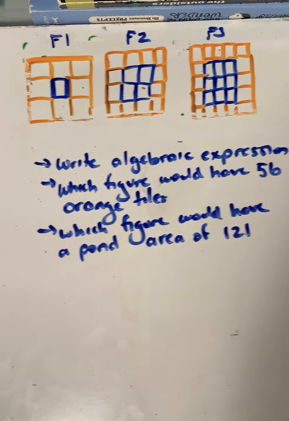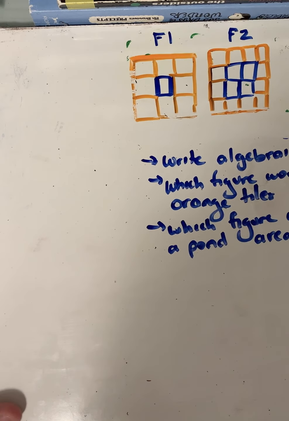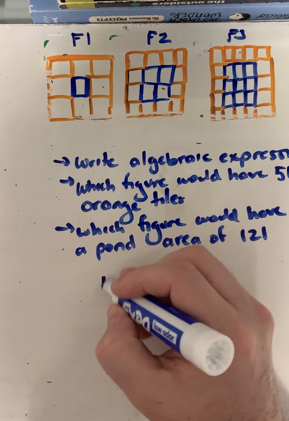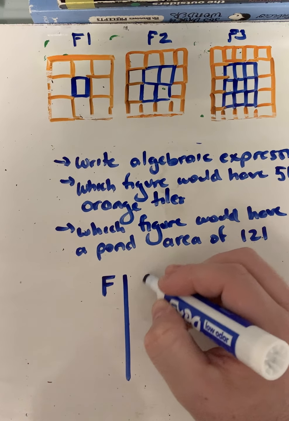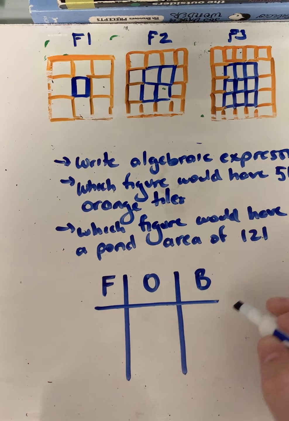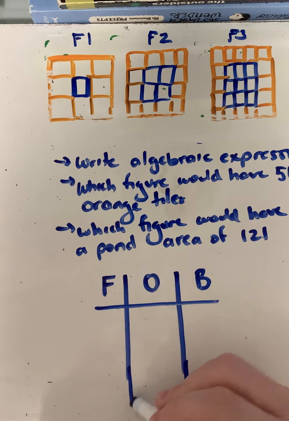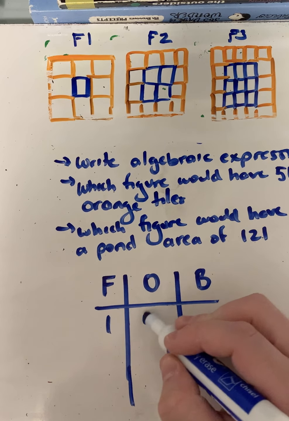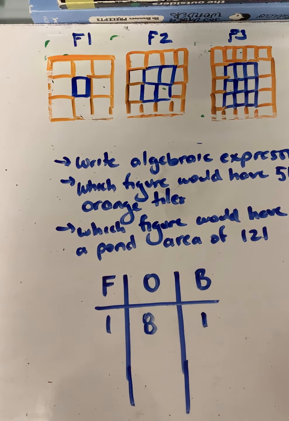Okay, so this was a more challenging one because you had to create a different type of table. You've got your figure, your orange tiles, and your blue tiles. In figure 1, we have 8 orange tiles and 1 blue tile.